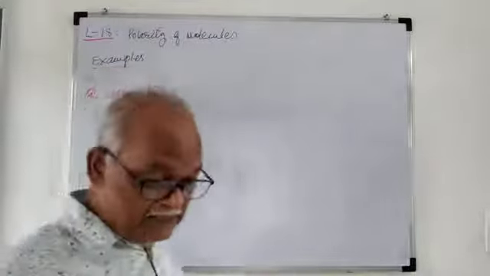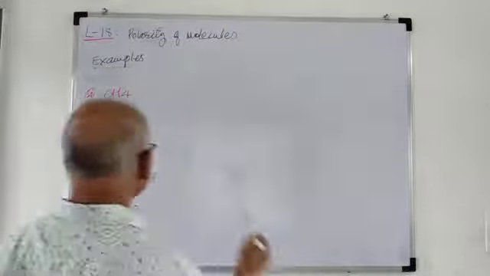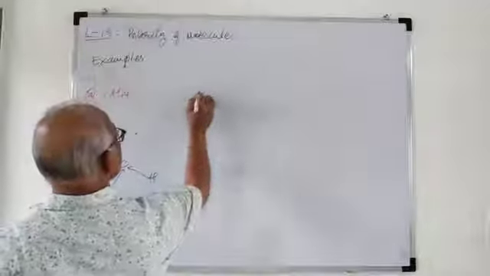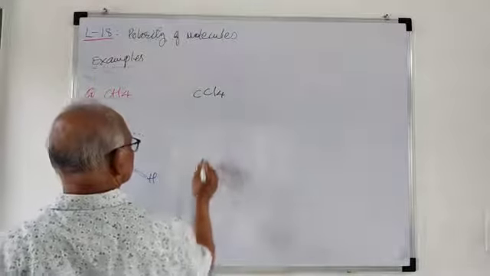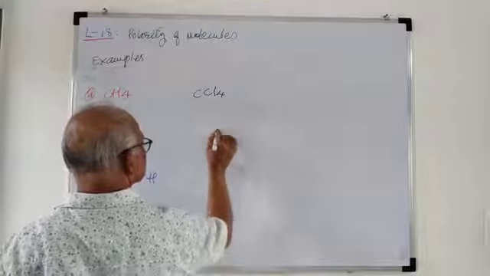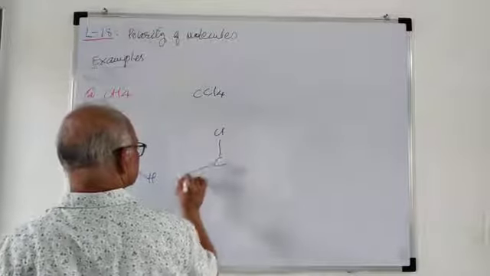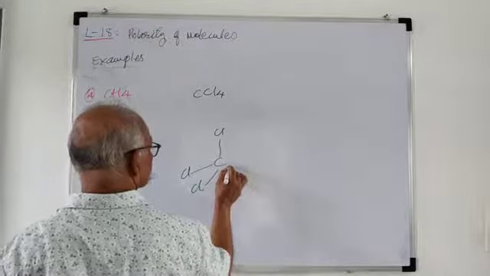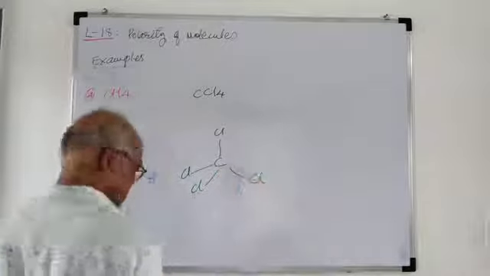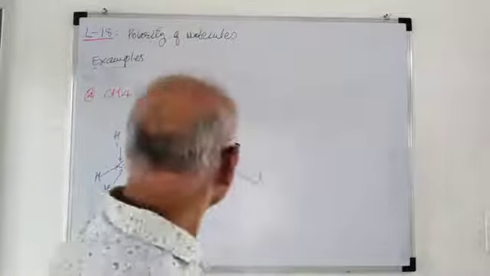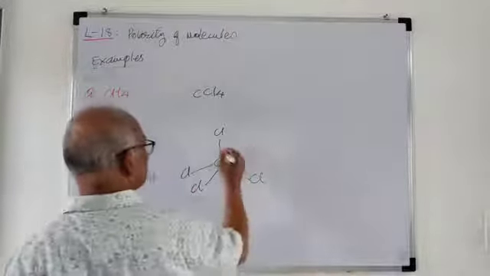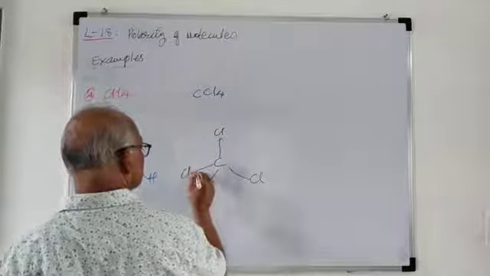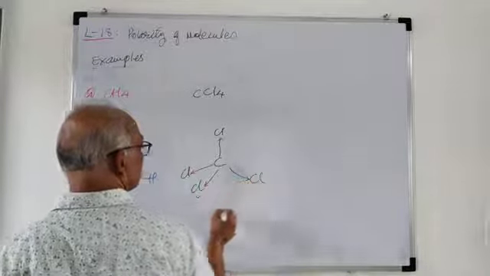Similarly, we can have another molecule, that is CCl4. So here you will find that compared to carbon, chlorine is more electronegative.